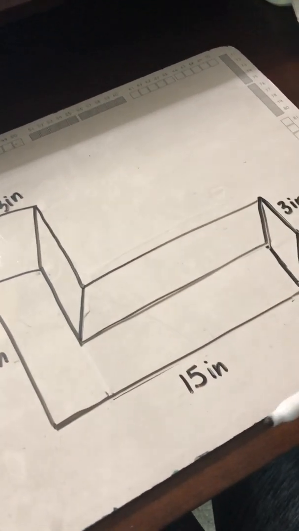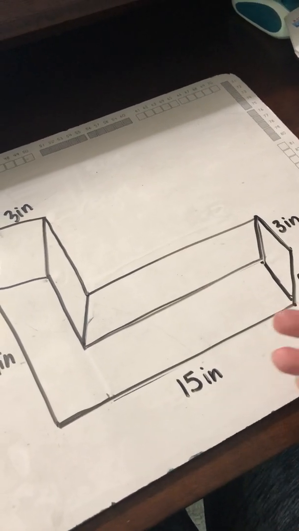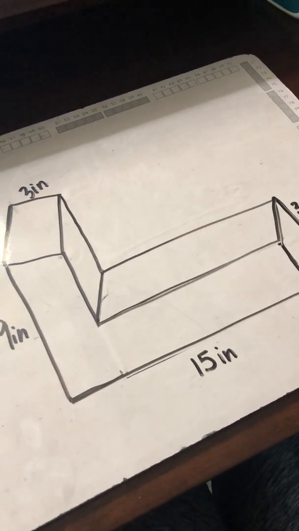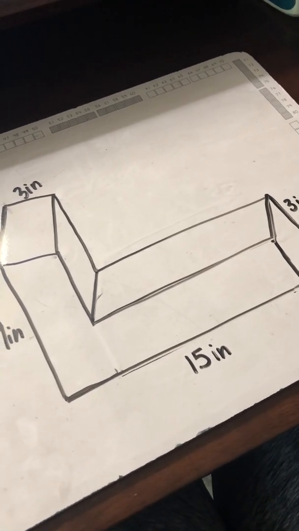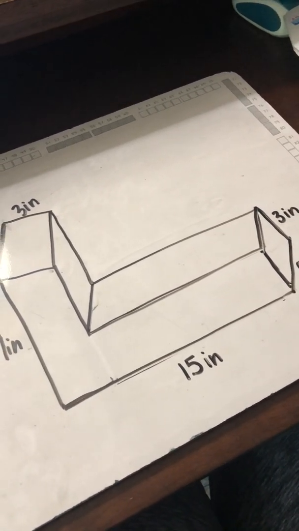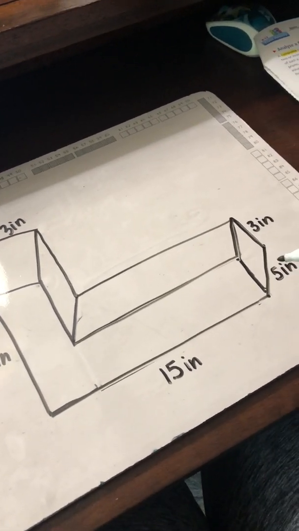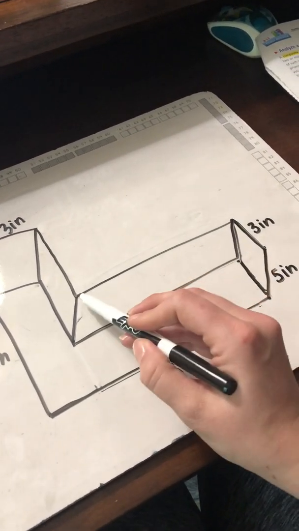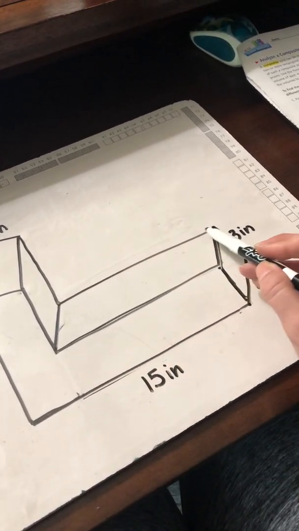When we work with composite figures and are trying to find the surface area, the volume, or the perimeter of any of the shape, we often have to think of it as two or more separate pieces, and then we often have to find missing measurements. Looking at this figure, I don't know how long this side is because it's not labeled.